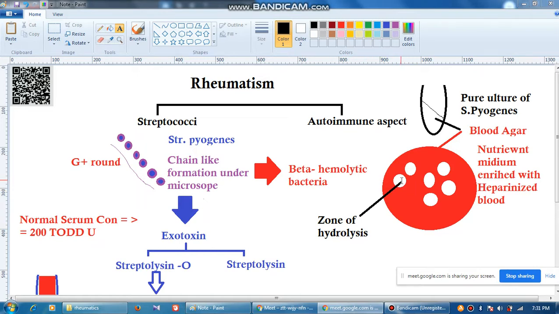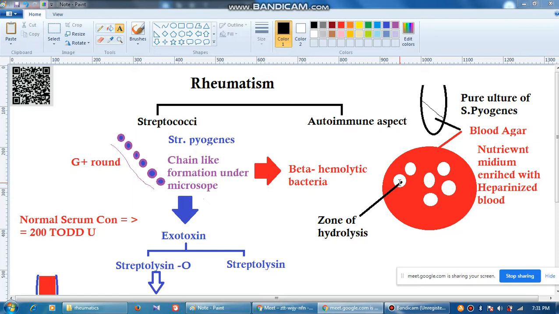Beta hemolysis is a kind of hemolysis where a complete clear zone is seen around the growing organism, because the growing organism has the capacity to destroy the RBCs and use the content for its growth. Understood? So as it increases in number, the zone of hydrolysis also increases.